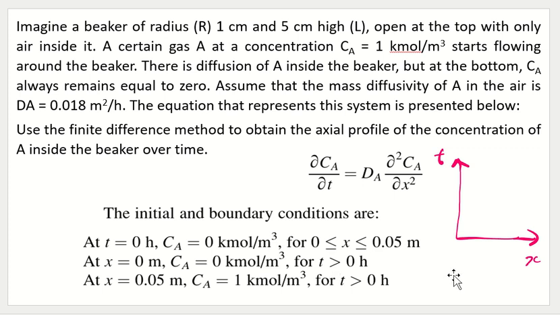That is, at all time after t equal to 0 it is always 0. Then at x equal to 0.05 meter, Ca is equal to 1 for t greater than 0.